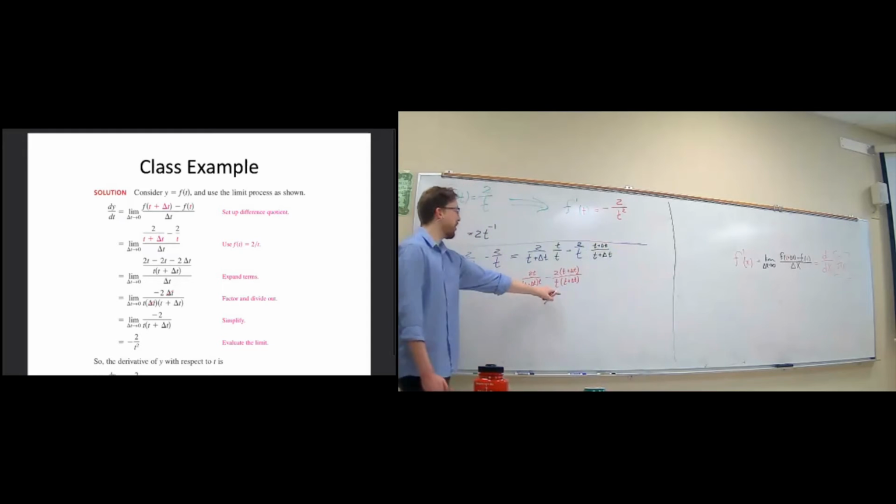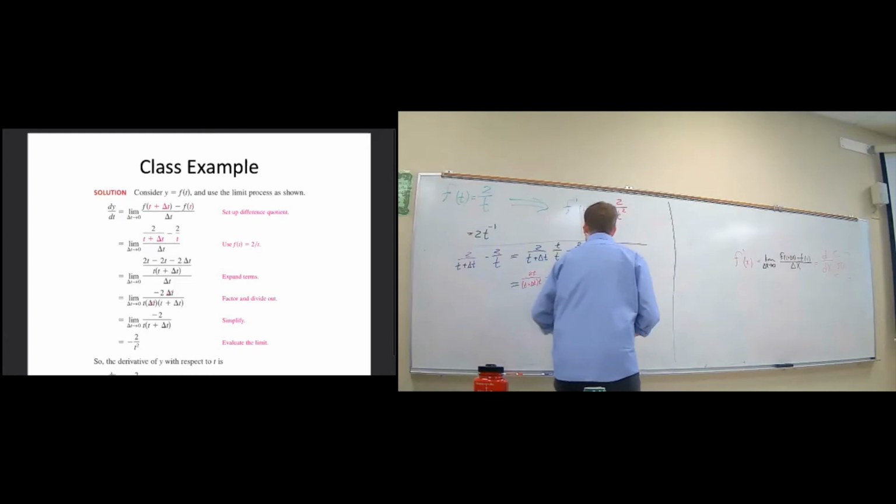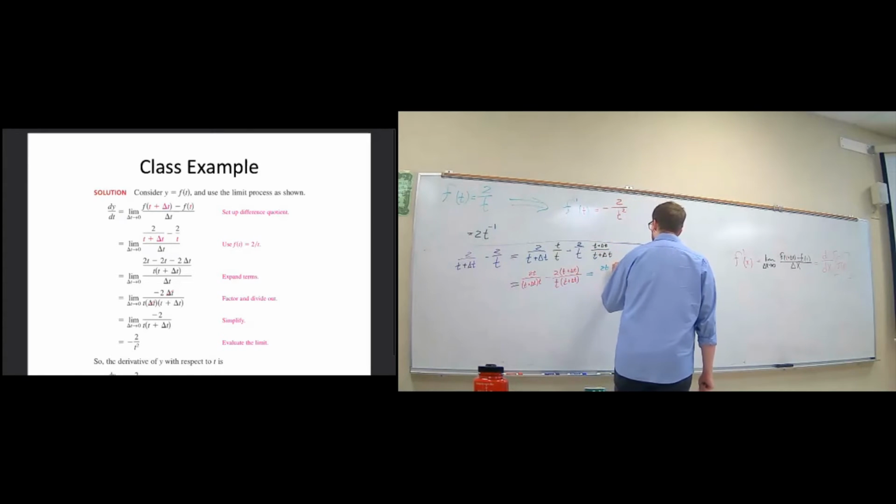Well, now we have shared denominators, so we can bring everything together in one fraction. So we have 2t minus 2 times the quantity t plus delta t over t times t plus delta t.